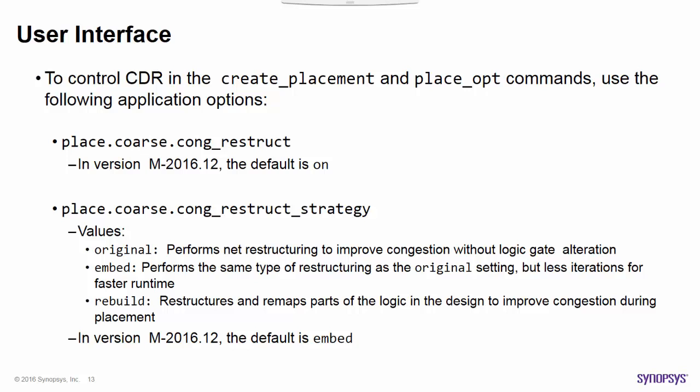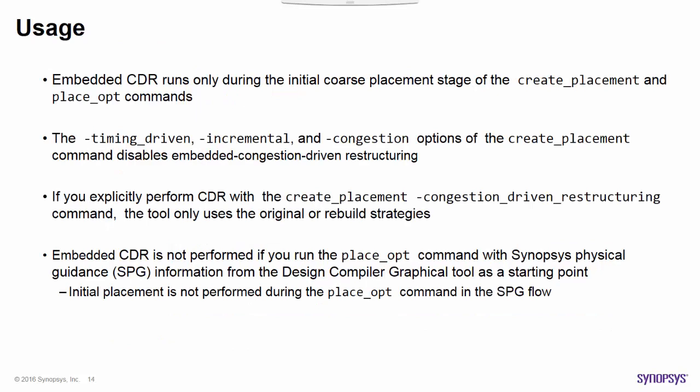The default value of this app option is embed in version 2016.12 and in version 2016.03 SP5-1. Usage: embedded CDR runs only the initial coarse placement. So when the user uses the -timing_driven, -congestion, or -incremental option, embedded CDR does not run.